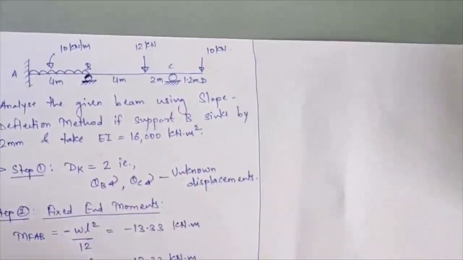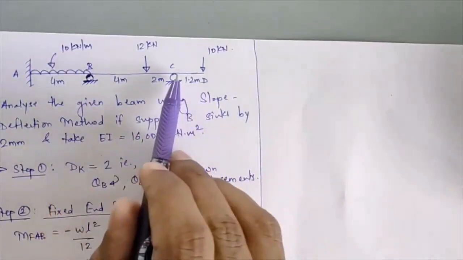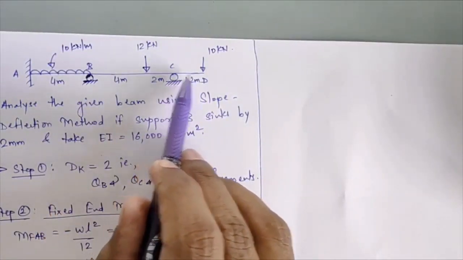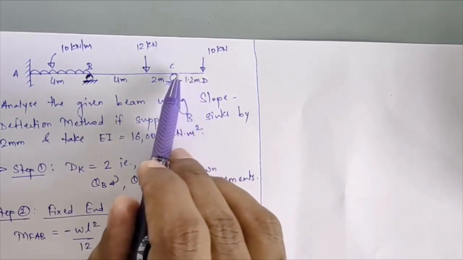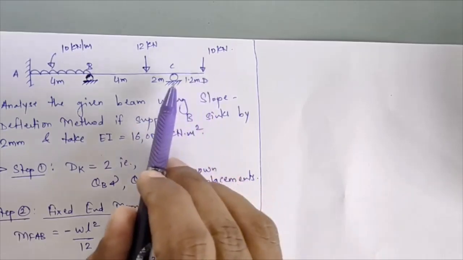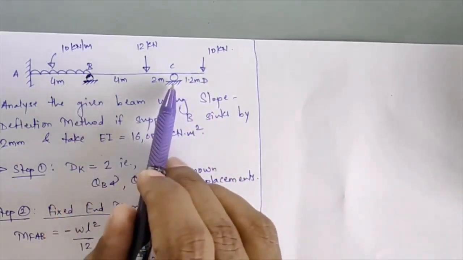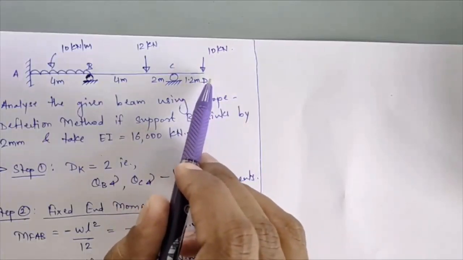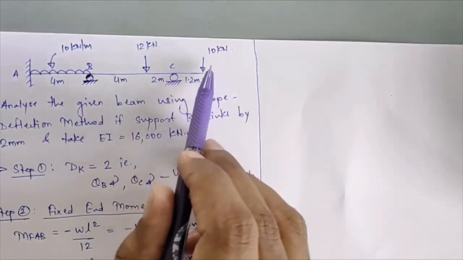Then in addition to this, we'll consider the overhang portion CD, but for this portion we do not consider the fixed moment. Because fixed moment is considered between support to support conditions, but here at point D there is no support, so the fixed moment will not be considered.